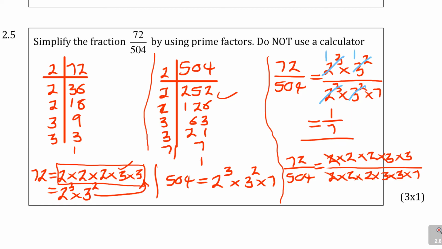Then you cancel one by one like that. When you're cancelling one by one, 2 into 2 is 1, 2 into 2 is 1, it's 1, it's 1. So it's 1 times 1 times 1 times 1 times 1, which is equal to 1 over 1 times 1 times 1 times 1 times 1 times 7, which is 7. So the answer becomes 1 over 7.